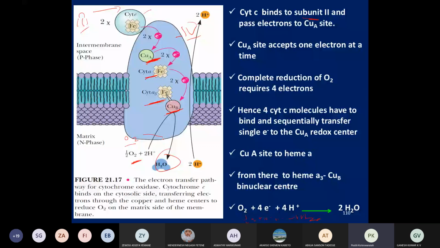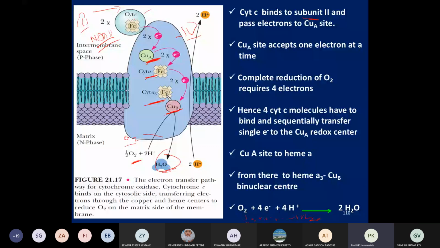So when the 2 electrons derived from NADH move through complex 2, complex 3, and through cytochrome C to complex 4, the 2 electrons can cause partial reduction of oxygen, that is, half O2 is converted into water.